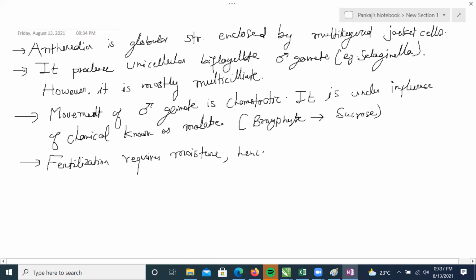Okay, hence it is also known as amphibians among the plant kingdom. Okay, quickly write down.